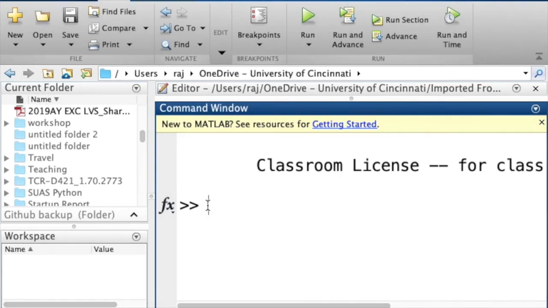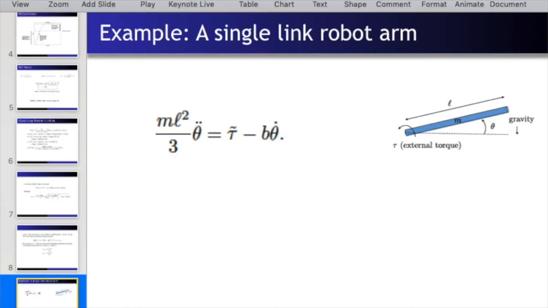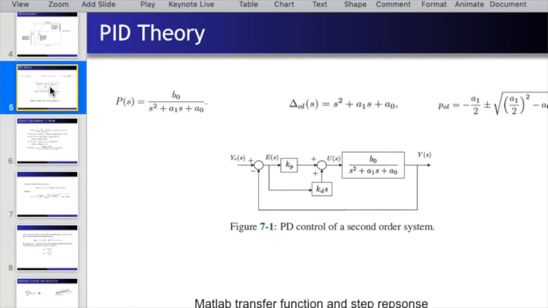What was our transfer function looking like? It was B0 over s squared plus A1 s plus A0, right?